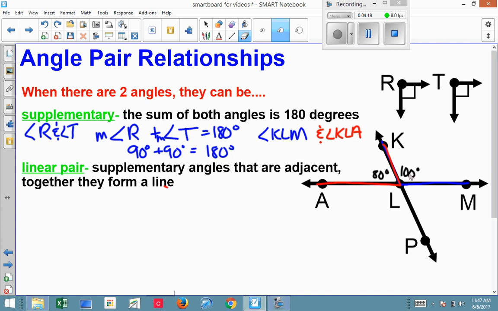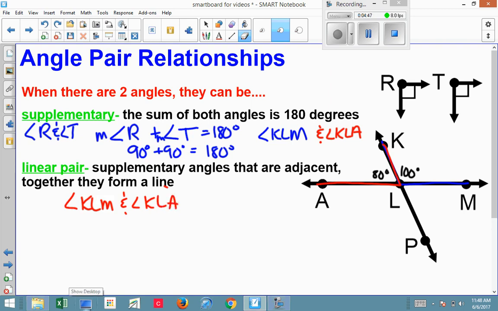They do together form a line, and their measures sum 180 degrees. So they're not only supplementary because the measures sum 180 degrees, but they're also a linear pair because they are supplementary angles who are also adjacent. So I'm going to add angle KLM and angle KLA to the group of linear pairs.